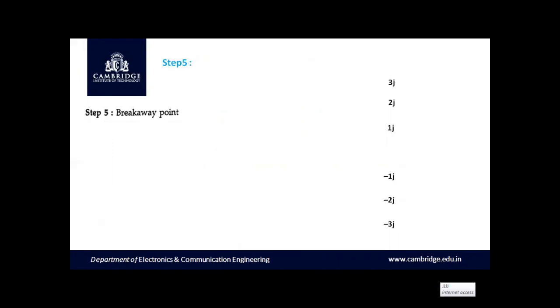Step 5 is to determine the breakaway point. Making use of step 2, we have found that there exists a minimum of one breakaway point on the real axis between the poles minus 3 and minus 4.